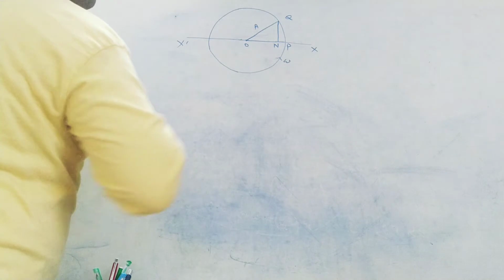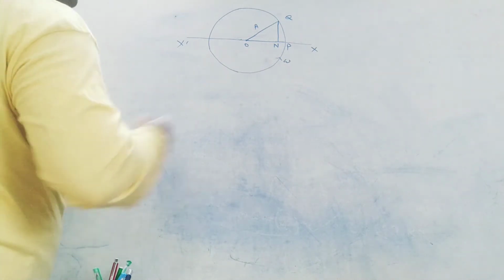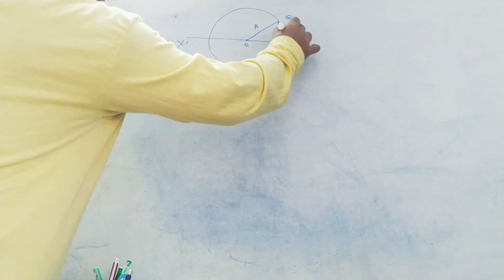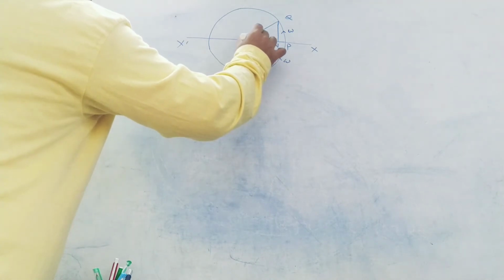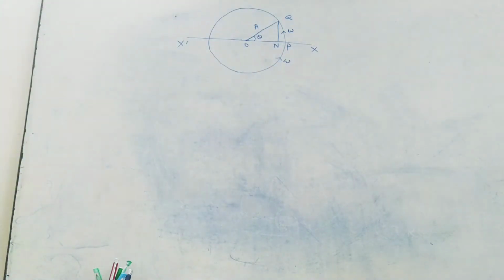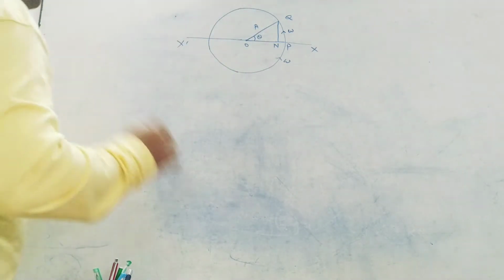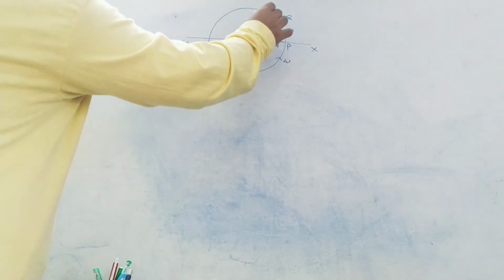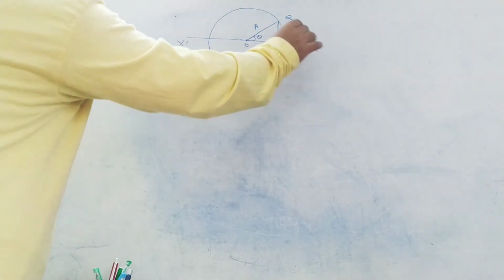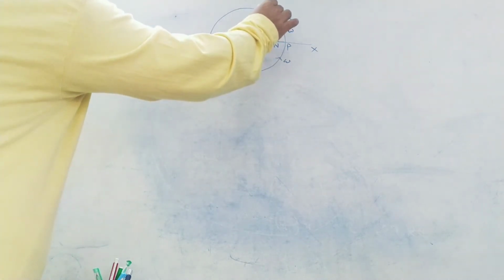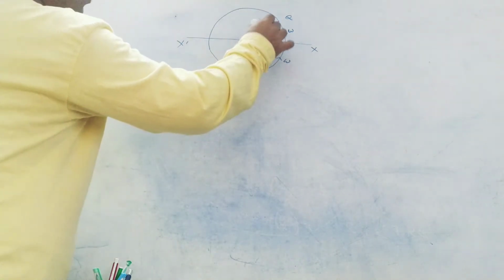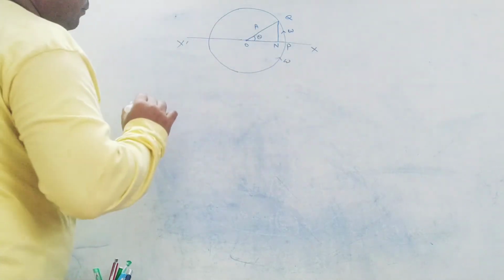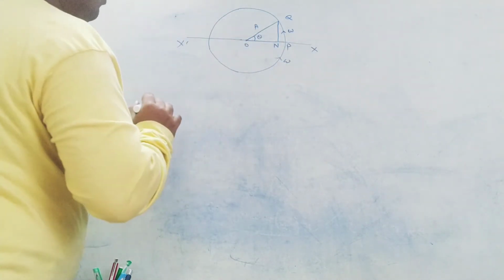It starts from the point P, and after time t it moves at the point Q and produces an angle theta at the center of the circle. Now we draw a normal on the axis x prime x from the point Q, that is QN is normal to x prime x, where O is the center of the circle.